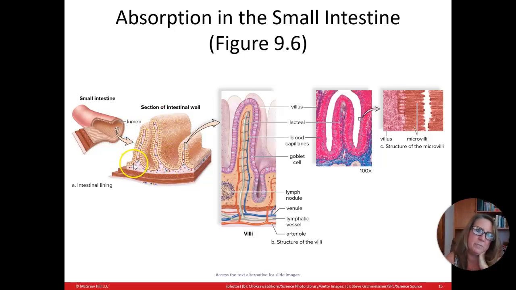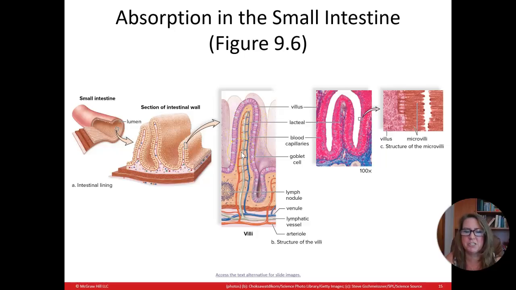Those are the villi, and then we see little tiny projections off the villi called the microvilli. So essentially, this is going to allow us to increase the surface area of the lining of the small intestine, and we can absorb those products of digestion, and it's going to go right into the bloodstream.